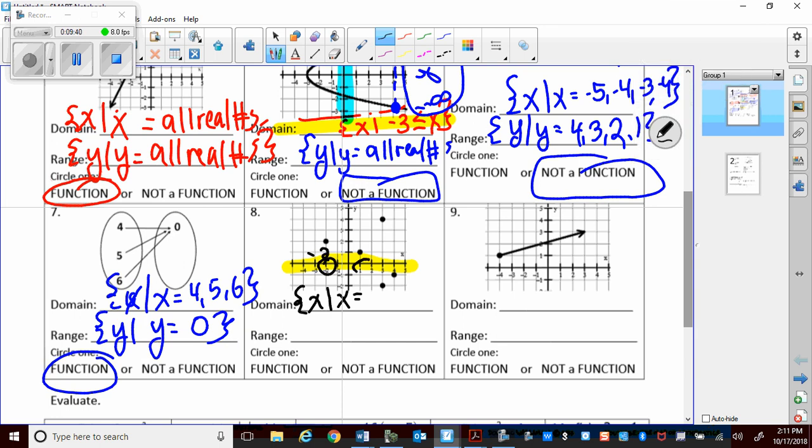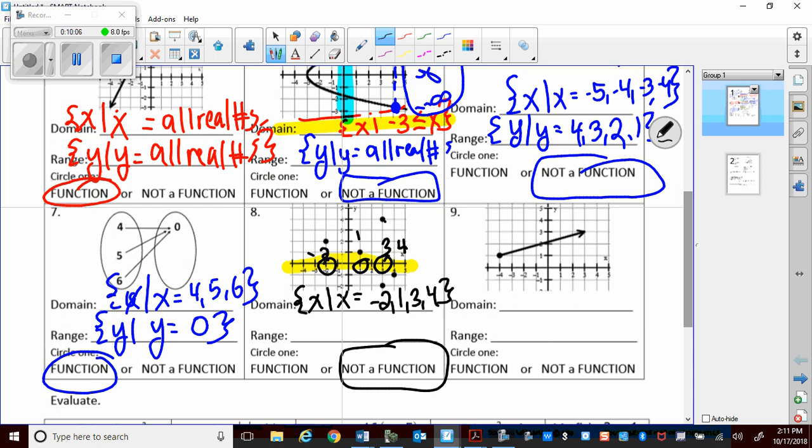Next one. 1. 3. Is this a function? 5. X equals 3 here. X equals 3 there. It's not a function, and we're creating a vertical line. Last one is 4. So I have -2, 1, 3, 4. Close the curly bracket.